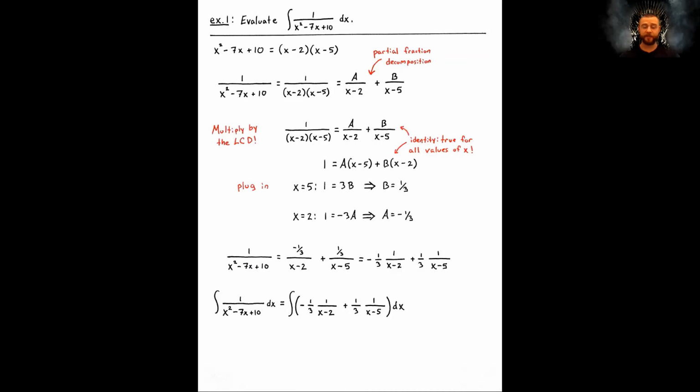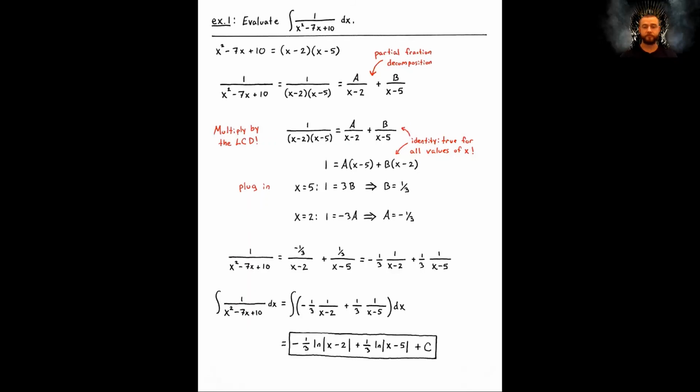So we integrate here. 1 over x minus 2 integrates to natural log of x minus 2. And 1 over x minus 5 integrates to natural log of x minus 5. The negative 1/3 and positive 1/3 are just constant multiples. So we get our antiderivative, and that's it.